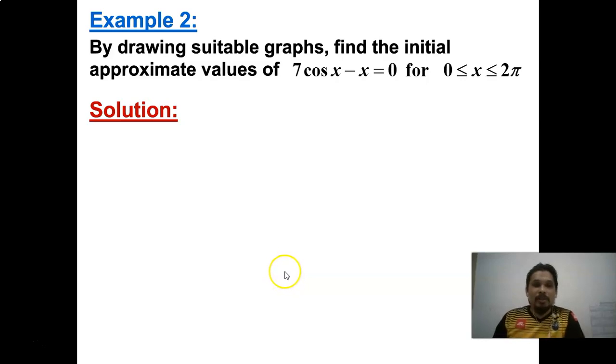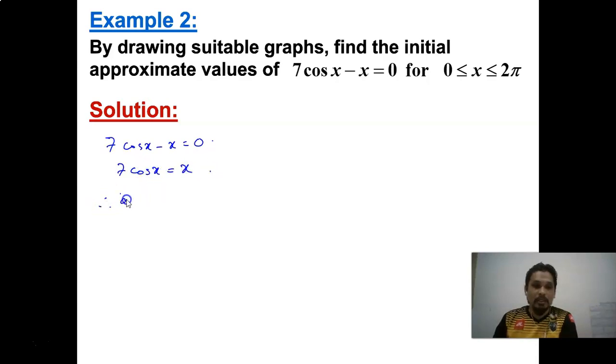By drawing a suitable graph, find the initial approximate value for 7 cos x minus x equal to 0 for x lying between 0 and 2 pi. Again, 7 cos x minus x equal to 0, then 7 cos x equal to x.